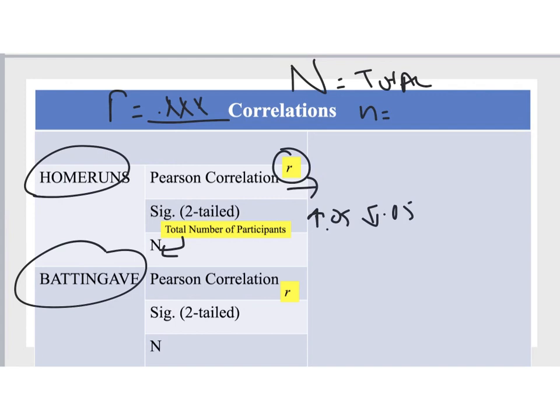A little n is the subset. What does that mean? So if I have 30 participants in the study, the subset would be as if I have 15 male and 15 female. This means it's broken down. Okay, so this is how this box works.